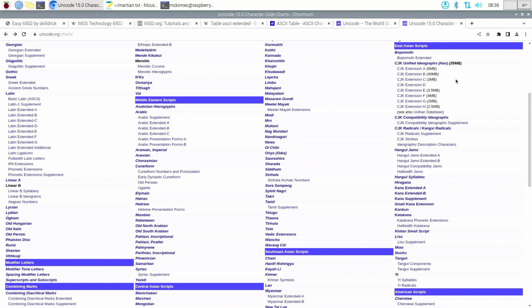So where is Chinese? Well, it's all down here, in East Asian scripts. They put this in CJK, is what they call it, which stands for Chinese, Japanese, Korean. The Japanese language still uses a lot of Chinese characters in addition to two other sets of characters called syllabaries, hiragana and katakana.